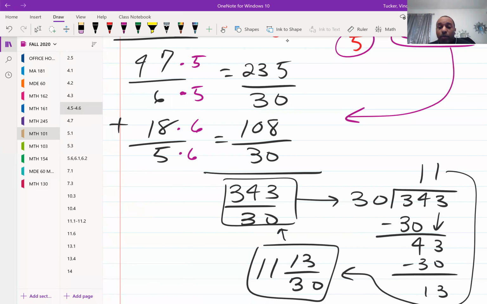It goes into 34 one time. It's 30. Subtract that. That gives you 4. Bring down your 3. Goes into 43 one time. And that'll be 13 with the remainder. So that's 11 and 13 over 30. And both of these answers are the same thing. It just depends on what form they want your answer in.